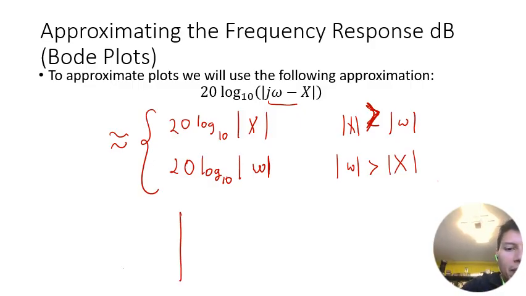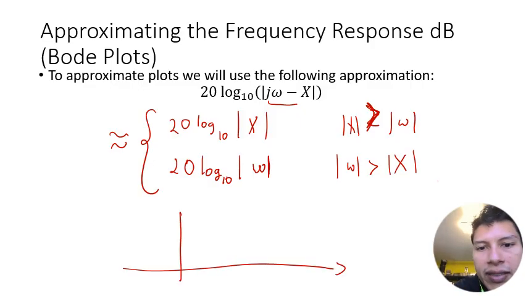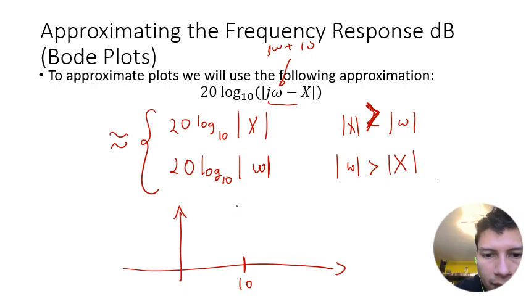Okay, let's look at an example. Let's say this factor here was j omega plus 10. Let me use a different color. Let me just erase really quick.